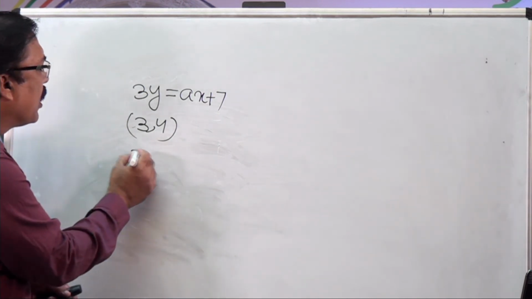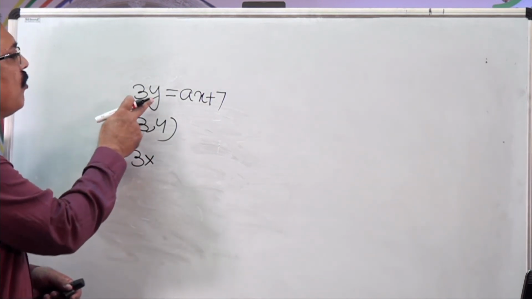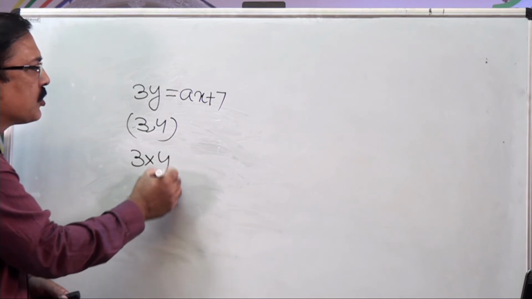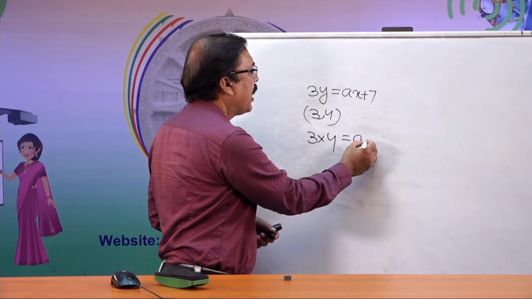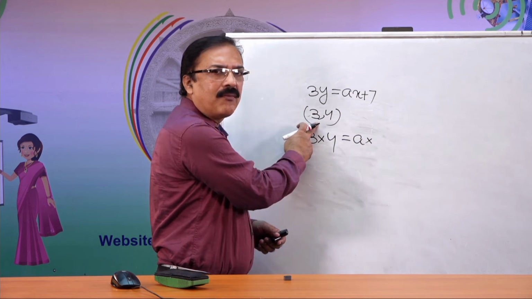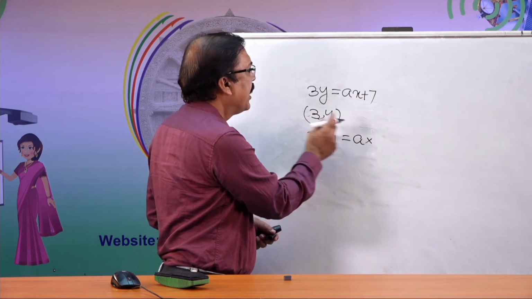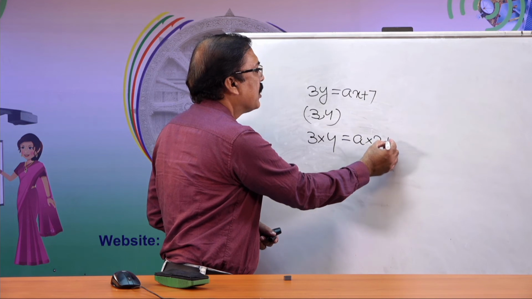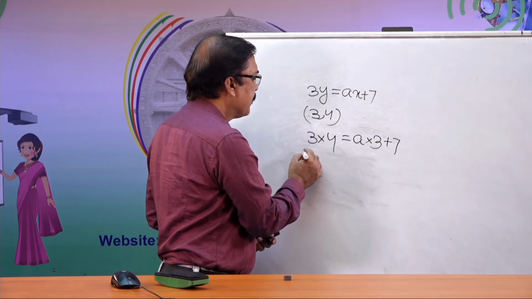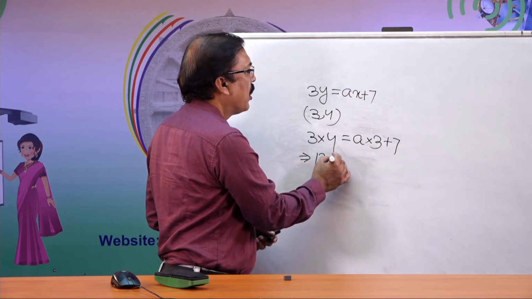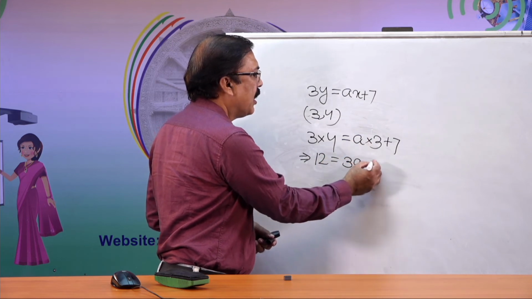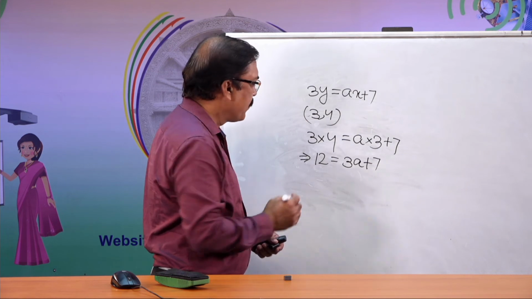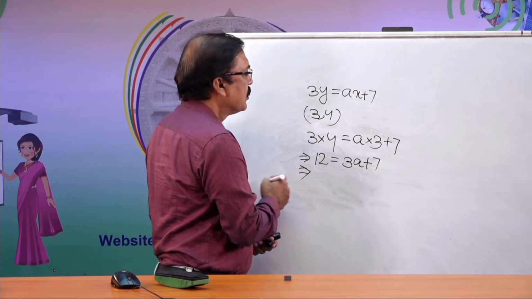Now 3 into the value of y, which is 4, so 3 into 4 is equal to a into the value of x, which is 3, plus 7. This gives 12 is equal to 3a plus 7.